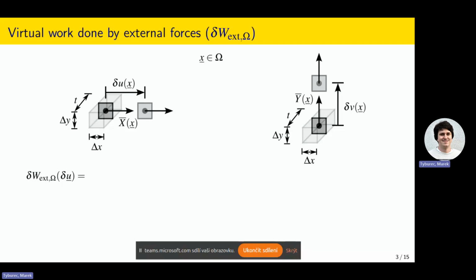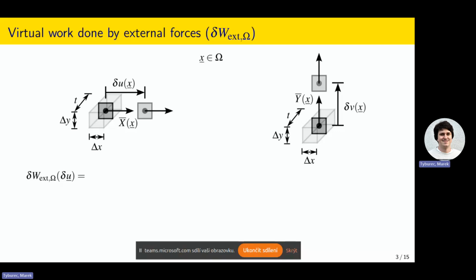So we can write t, and now we have a double integral over x and over y, and on the inside is x of x, virtual displacement u of x, plus y of x, virtual v displacement of x. Of course, this is dy dx.